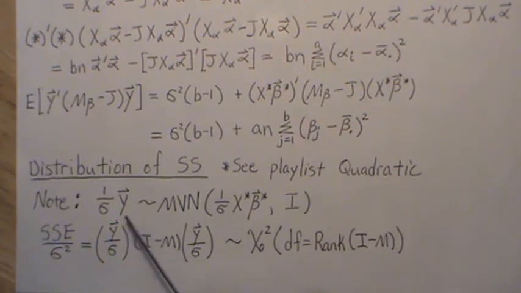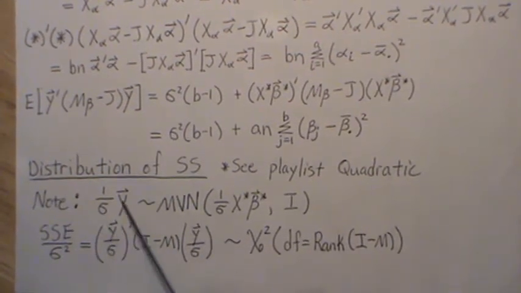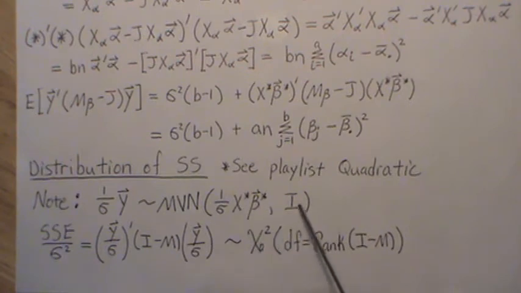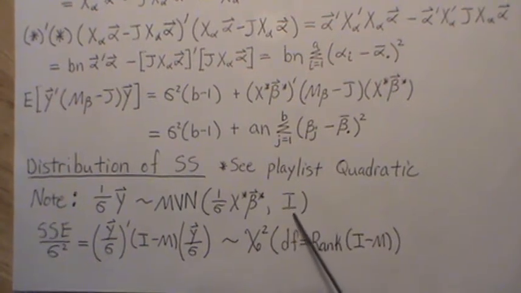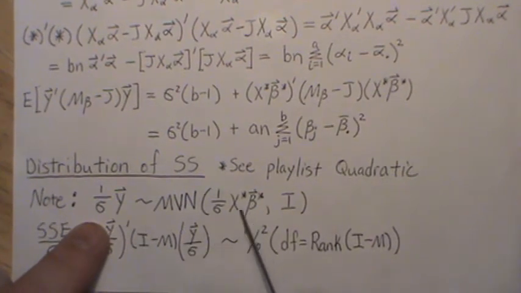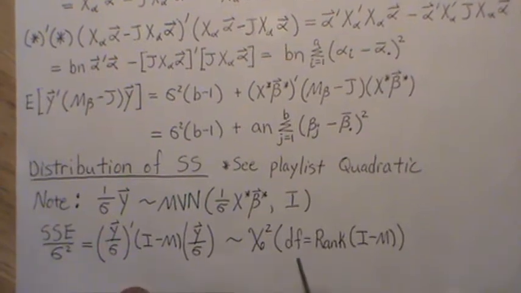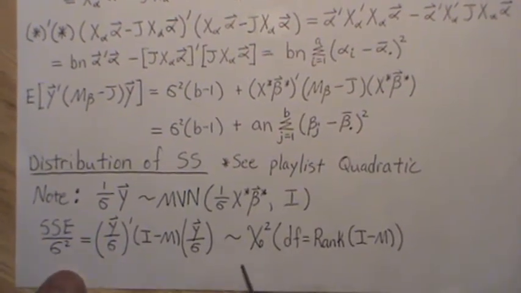One thing that makes this derivation easier is if your variable is multivariate normal and has an identity matrix as its covariance, then this calculation is much easier. So I trick it: instead of saying y is multivariate normal with this mean and covariance matrix sigma squared times I, if you divide by sigma, it gets rid of that. Then this derivation is so easy.